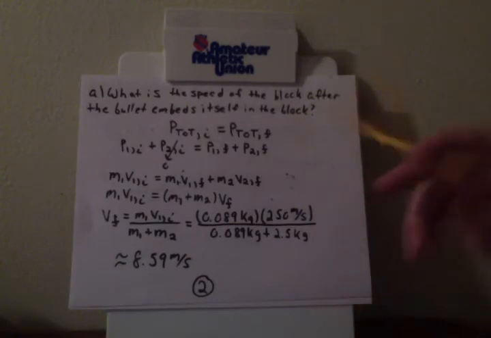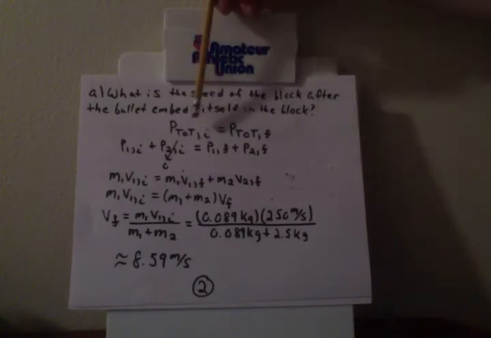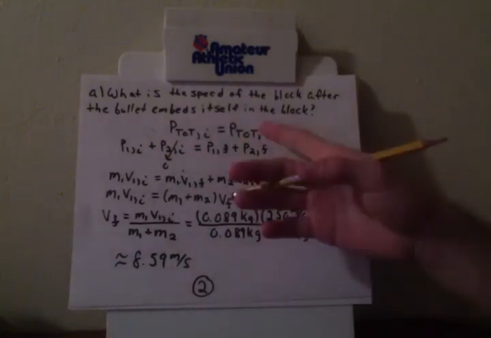So we know, because our system was appropriately chosen as the bullet and the block, we chose that system so that we can use this equation right here, because the total momentum of the system is not going to change before or after the collision. So we can derive this formula here, or we can use it.